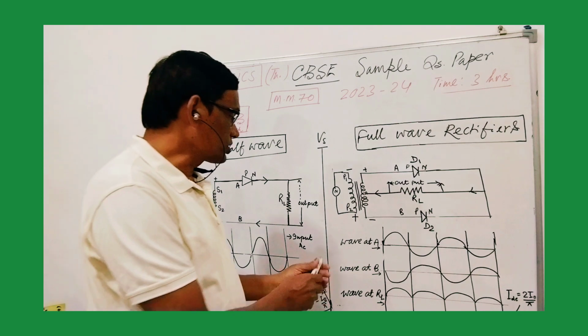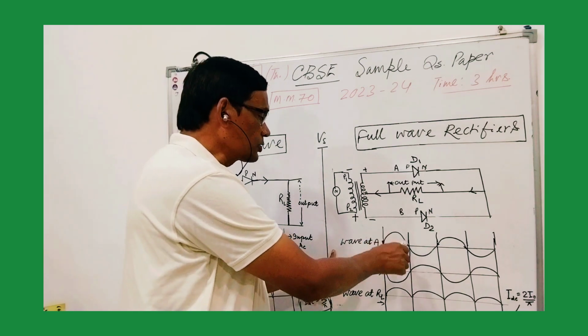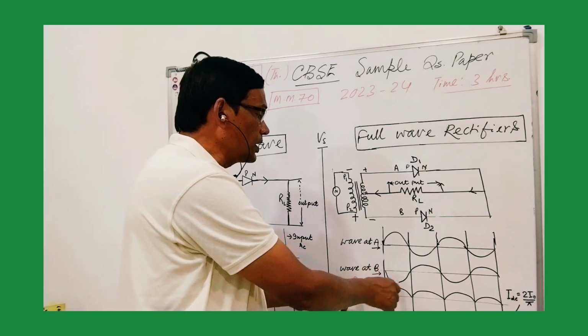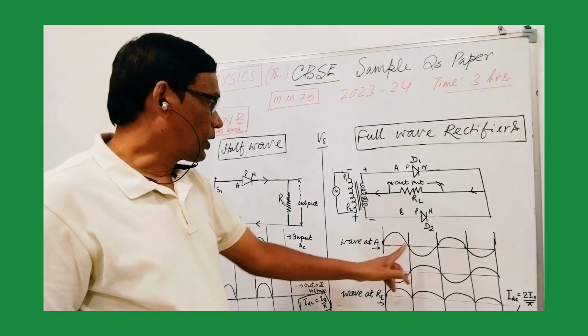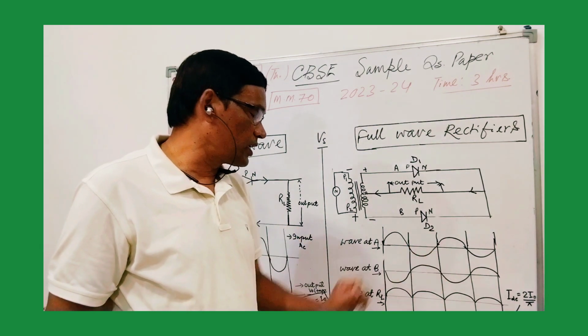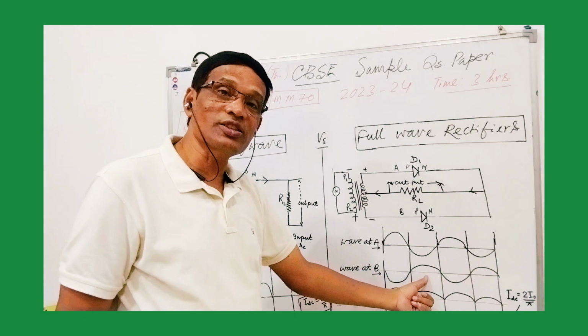So quickly, what you see is, when the wave at A is positive, the wave at B is negative. When the wave at A is negative, the wave at B is positive.